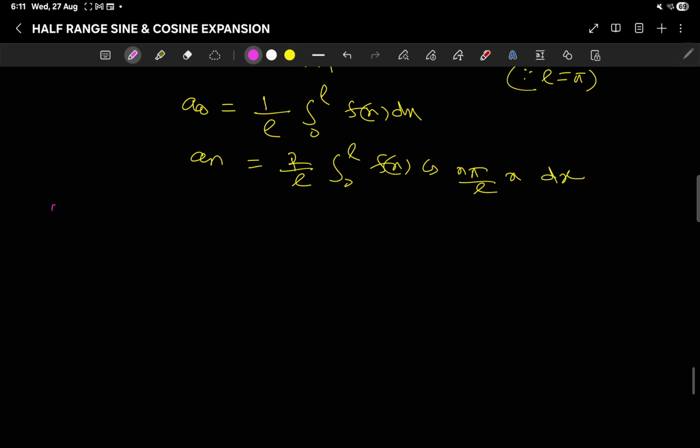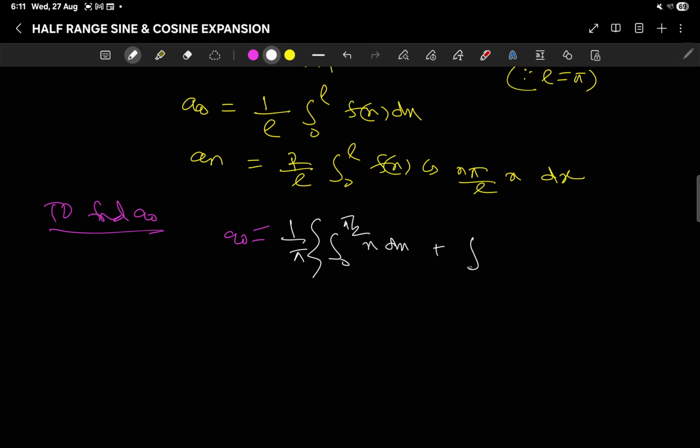So now to find a0, so what is your a0? a0 is equal to 1 by pi, we split it, integral 0 to pi by 2, it is x dx plus your integral pi by 2 to pi, here pi minus x dx.